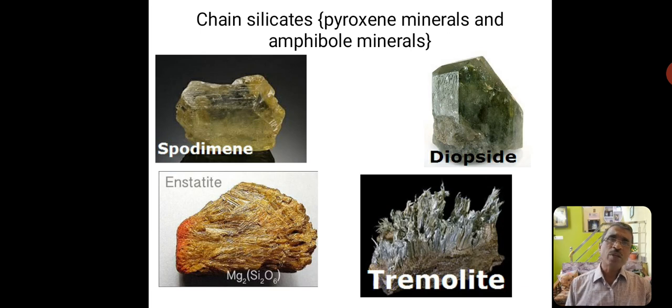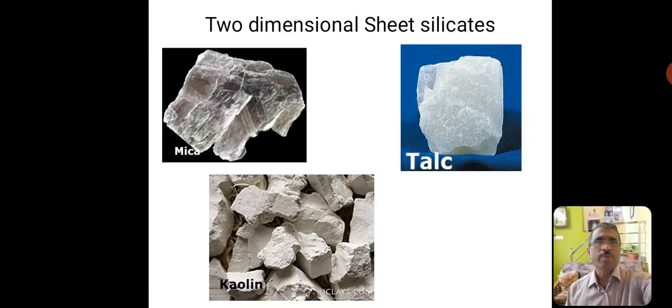Here I have shown some of the minerals and how they look. Now, these are the chain silicates, the pyroxene minerals and amphibole minerals. The pyroxene minerals like spodumene, diopside, enstatite and the tremolite. So these are the chain silicates.